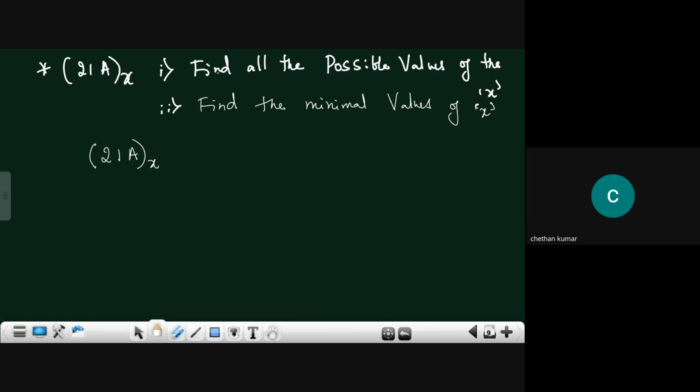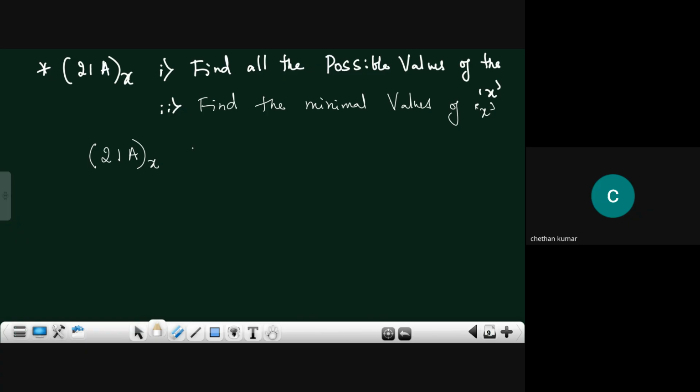So my question is to find all the possible values of X. What is my X value? Is it 0 to 15? No. 0 to 9. What is the base of this number? Is the base of this number 11?